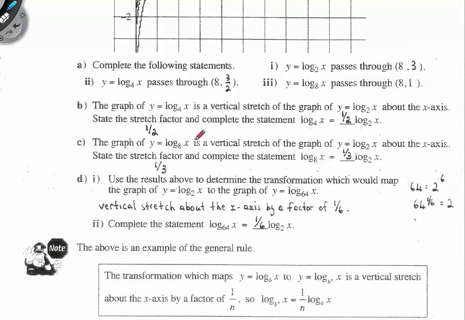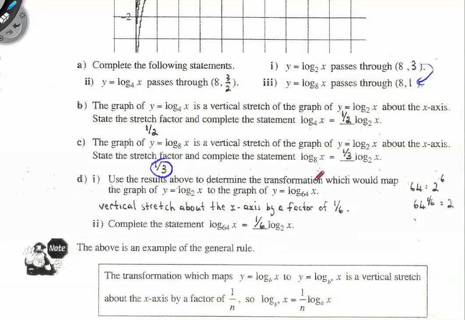The graph of log x base 8 is a vertical stretch of the graph of log x base 2 by what amount? Well, notice we've gone from 3 to 1, so we've really divided this by 3. So 3 has gone to 1, so it's a vertical stretch by a factor of a third.